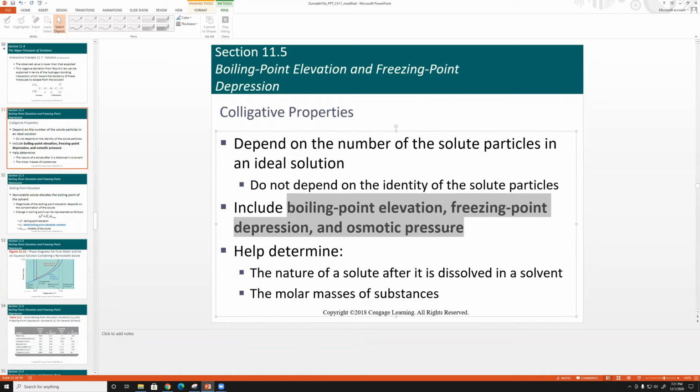What happens is that these three factors change based on the amount of solute you have in a solution. This makes perfect sense compared to what we just learned about how solute particles in a solution strengthen the solution as a whole. It strengthens the intermolecular forces. It lowers the vapor pressure.